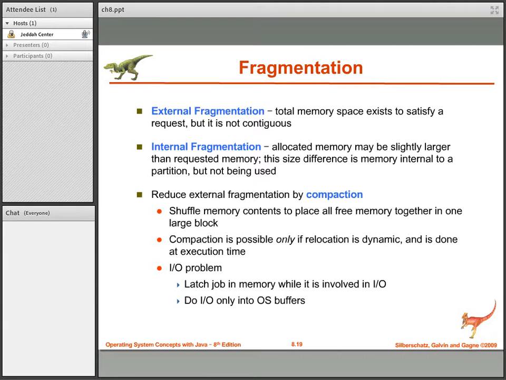In other words, you may have what is called external fragmentation, where total memory space exists to satisfy a request. However, this total is scattered and is not contiguous. It is not adjacent to each other.